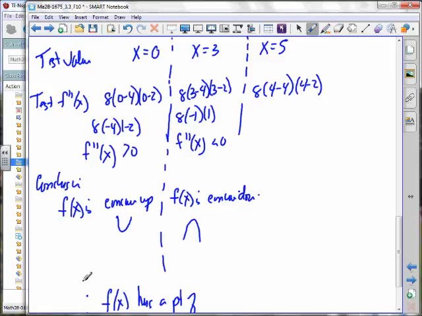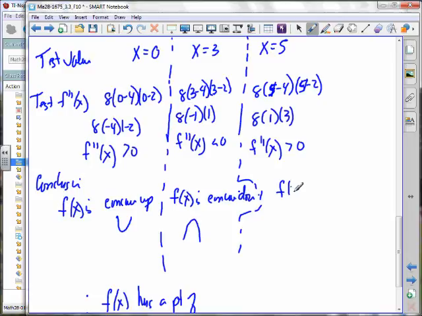Now, I've got a problem with this. Do you see the problem? Oops, I chose 4, didn't I? Why did I choose 4? I don't know. I'm going to say that's a big problem because that turns out to be 0, and I don't need that. Okay, so let's see. 8 times 1 times 3. Second derivative is positive.